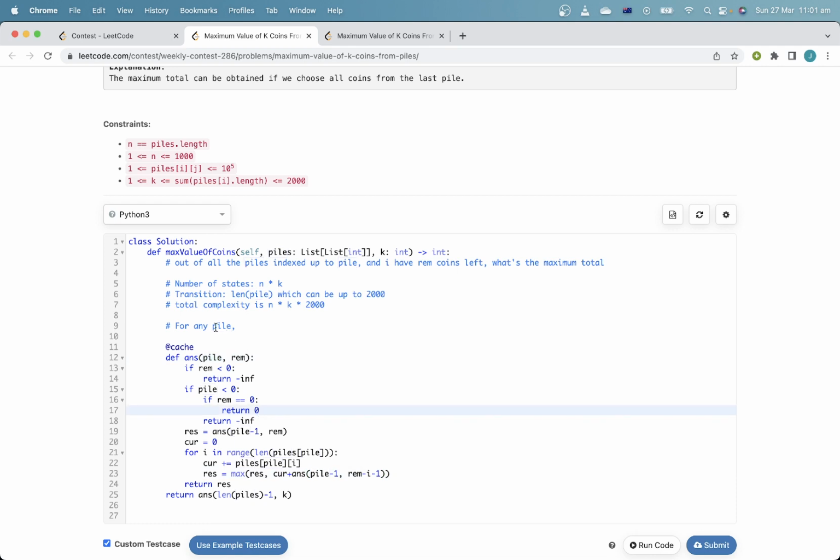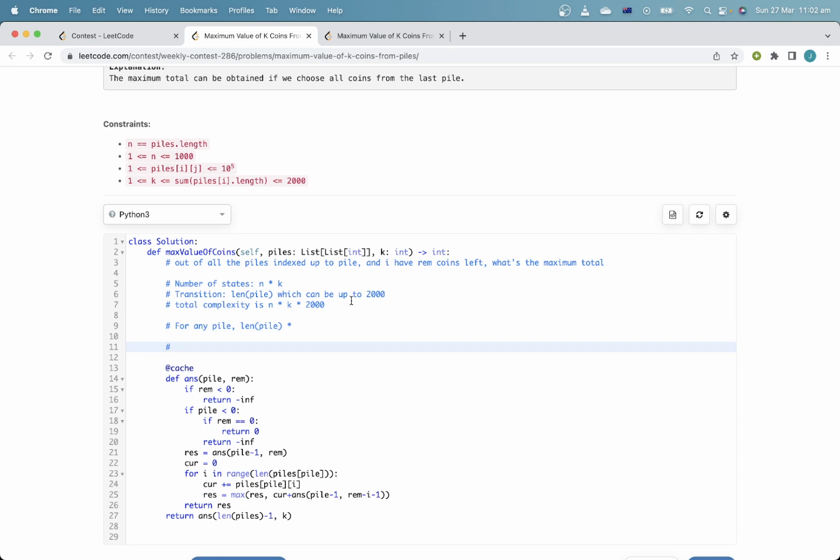So for any particular pile, the number of times that this loop executes, well, that's going to execute the length of this pile times, and there will be remainders. There will be up to k states that involve this pile, k states because of this remainder state, and for each of those k states, for this current pile, this DP thing will run in proportion to the length of the pile. So for any pile, the complexity is the length of the pile times k.